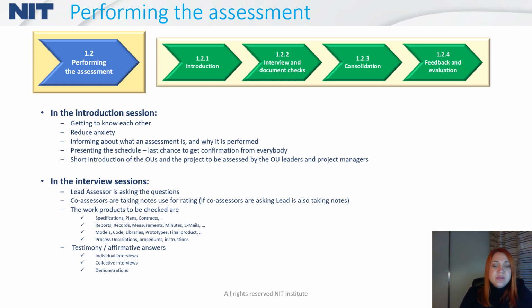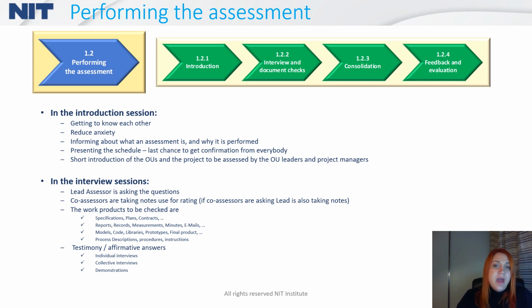Also, it is important that in this period, the whole setup is in the way that all the participants are communicating with each other, that there is a friendly atmosphere, and which will be then maintained till the end of the assessment.